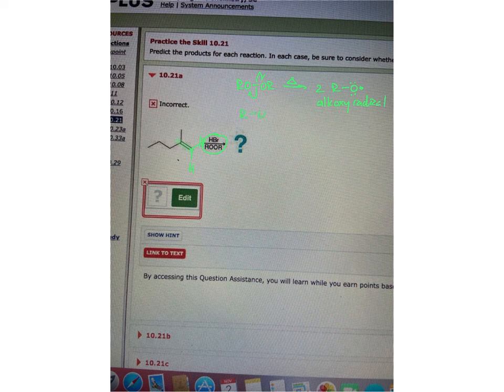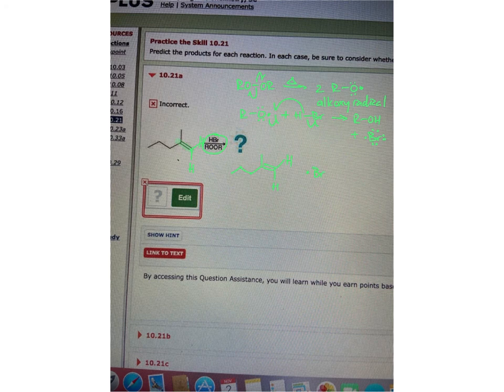That will then react with the HBr to form an alcohol plus a bromine radical. That bromine radical is what is going to participate with the alkene.